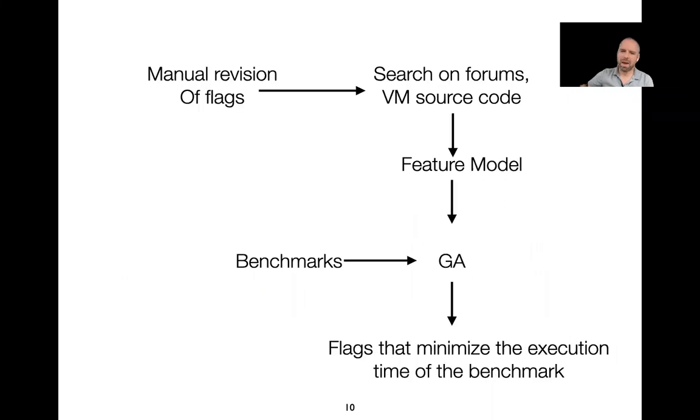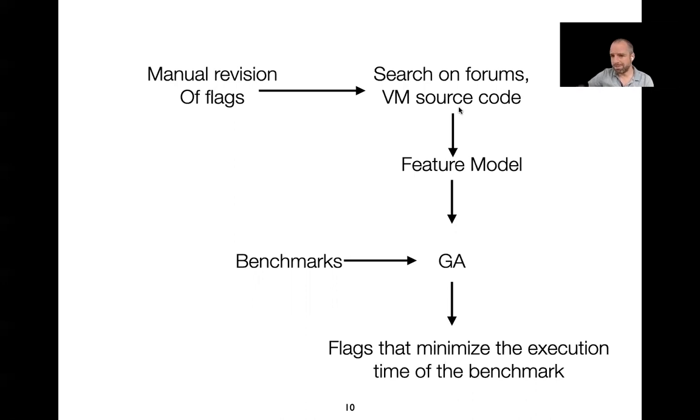So we have the following workflow. We first made a manual revision of the flags. For the 528 flags, we read and searched for documentation for each of them. When the official documentation was not enough, we looked in forums, Stack Overflow, logs, or we even read the source code of the virtual machine, which is open source.